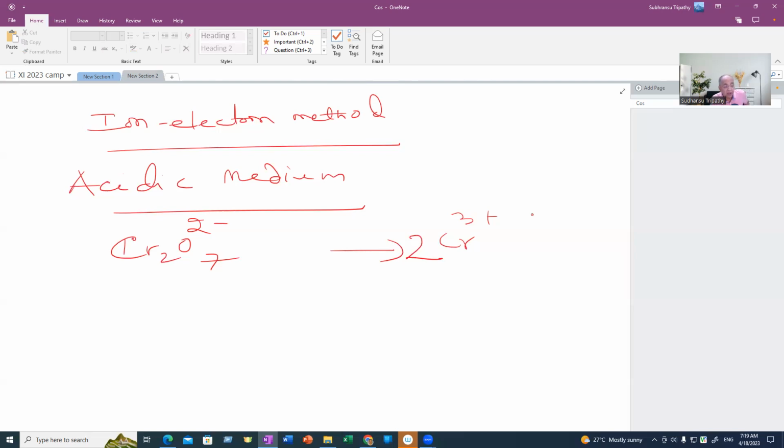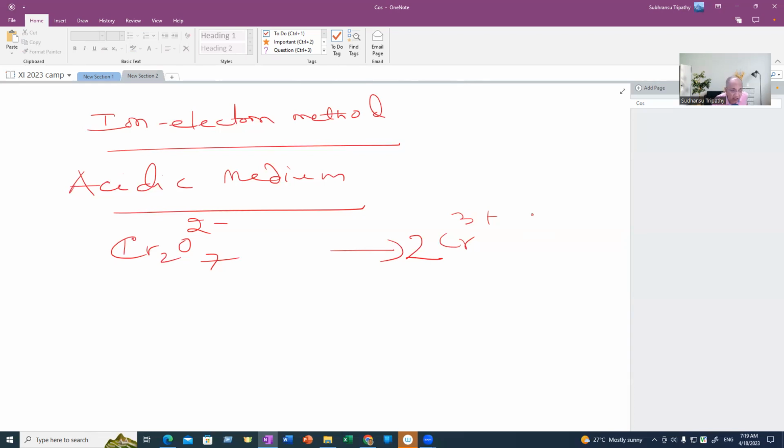The second step is to equalize oxygen by adding the same number of water. As many oxygen atoms as are in excess on a side, that many water molecules you have to add on the other side.